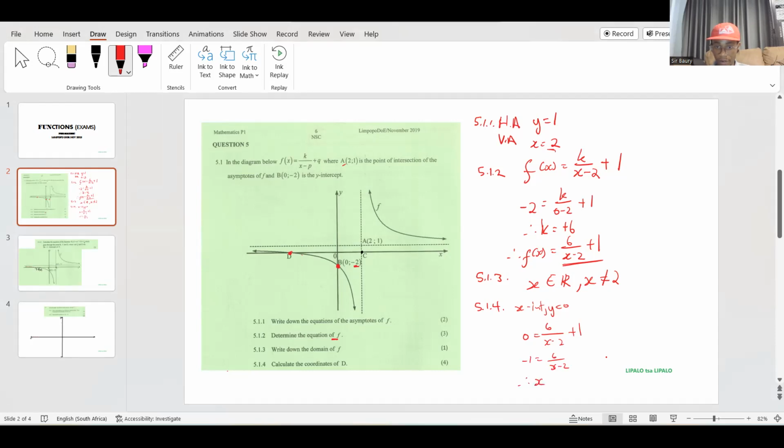When I multiply everything out, I have negative x plus 2 equals 6, so x is negative 4. It means that the coordinates of D are (negative 4; 0).